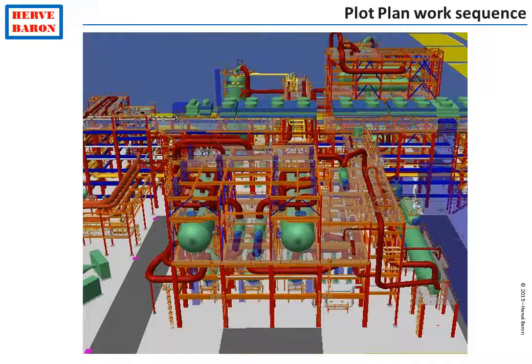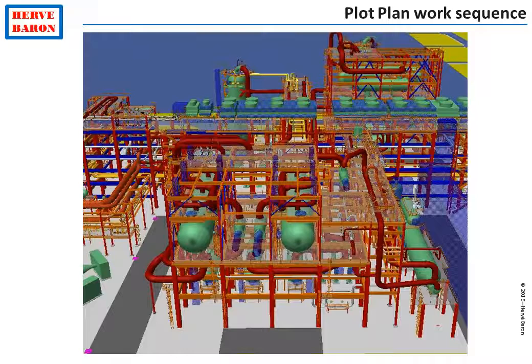These are the main process lines, all the lines which are shown on the process flow diagrams. The aspects reviewed are primarily the access for operation as well as maintenance operations.